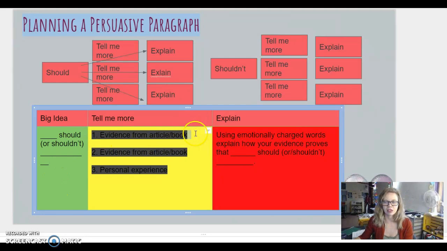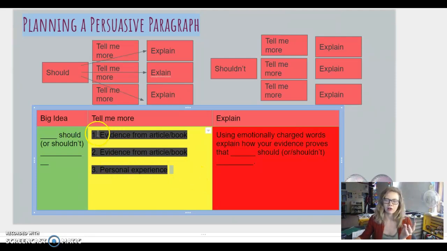Then on this side, you are going to list 3 pieces of evidence. 2 are going to be quotes from either articles or books. And then the third one is going to be a personal experience story. So this is where you bring in that narrative evidence where you say, like, in my experience, one time a friend of mine, and then give that here.